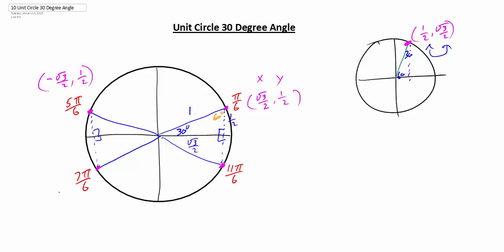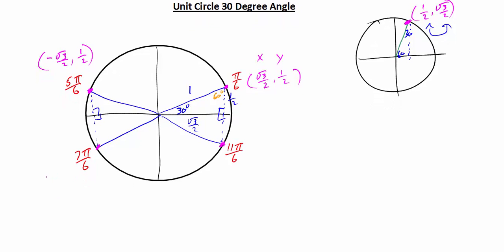Then for 7 pi over 6, in the third quadrant, x and y are both negative, so we have a negative square root of 3 over 2 and a negative 1/2. And for 11 pi over 6, your x coordinate is a positive square root of 3 over 2 and a negative 1/2 for the y coordinate.